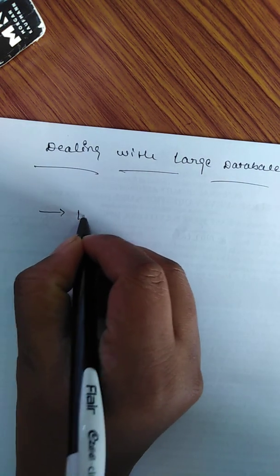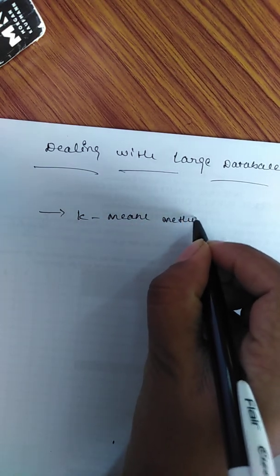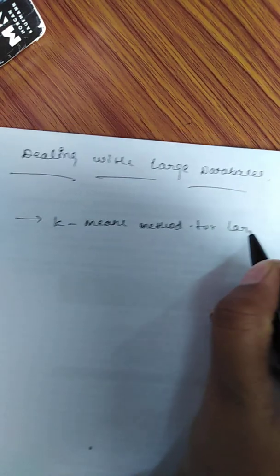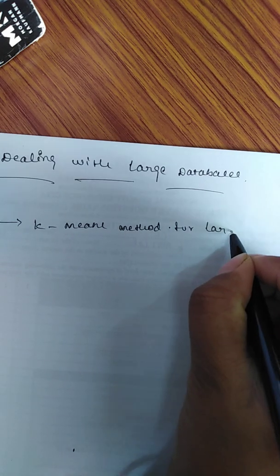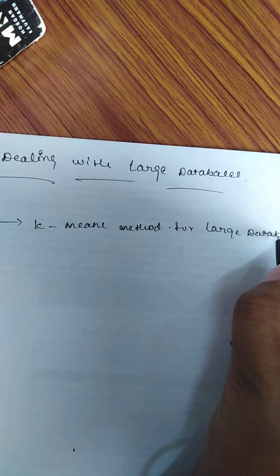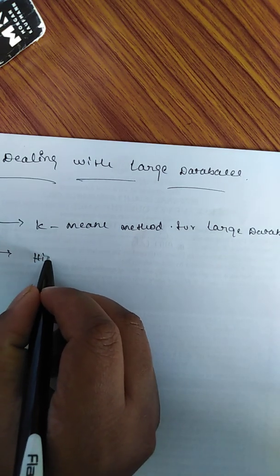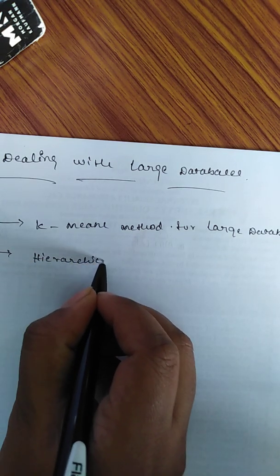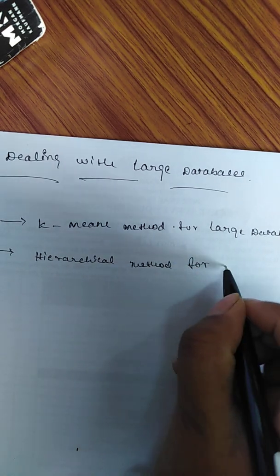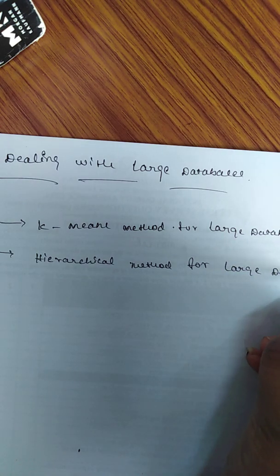In dealing with large databases, there are two types. First one is the k-means method for large databases. Second one is the hierarchical method for large databases.